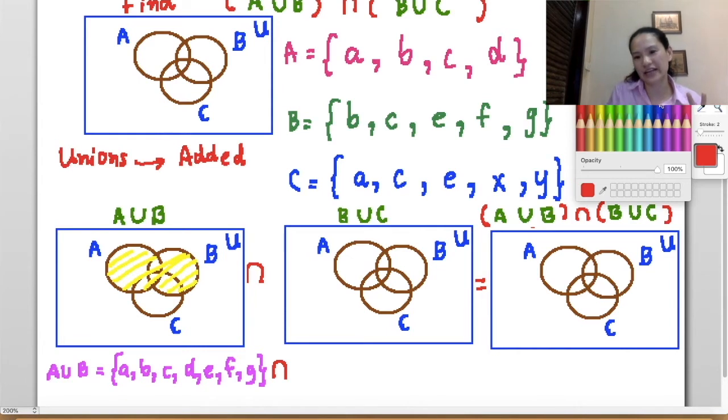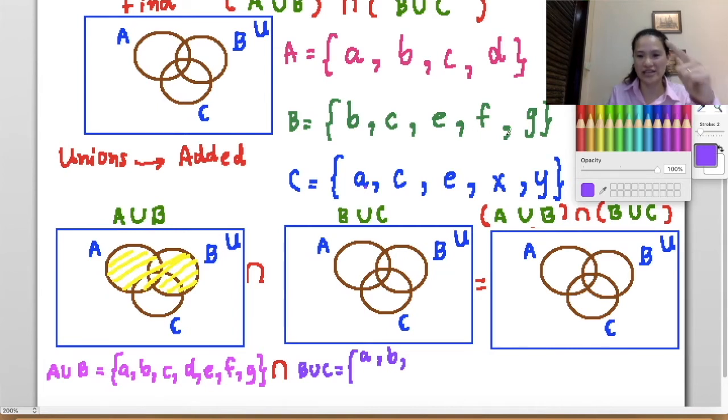I use a different color for B union C. Set B union C is equal to the set of, let's see, A, B, C, E, F, G, X, Y. Wow, it's a lot. You can see A, B, C, E, F, G, X, Y. We have C already, so we use just one.